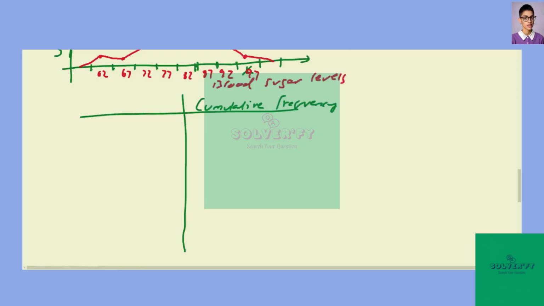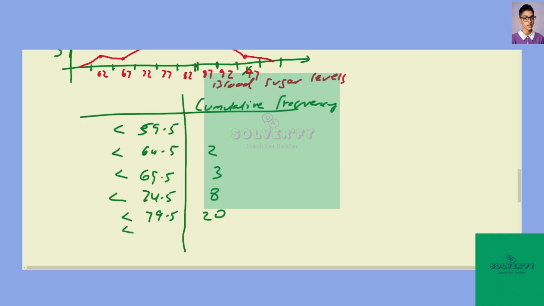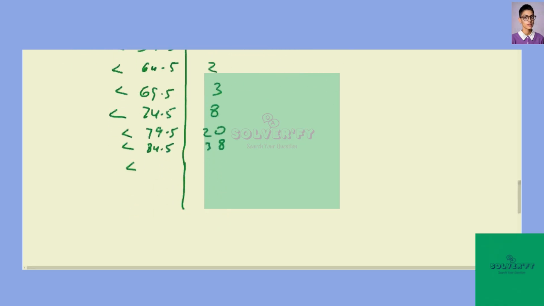So we have the blood sugar levels, and on this one we have less than 59.5, less than 64.5, we have 2, less than 69.5, we have 3, less than 74.5, we have 8, less than 79.5, we have 20, less than 84.5, we have 38, and then less than 89.5, we have 44, less than 94.5, we have 49, and then less than 99.5, we have 50.